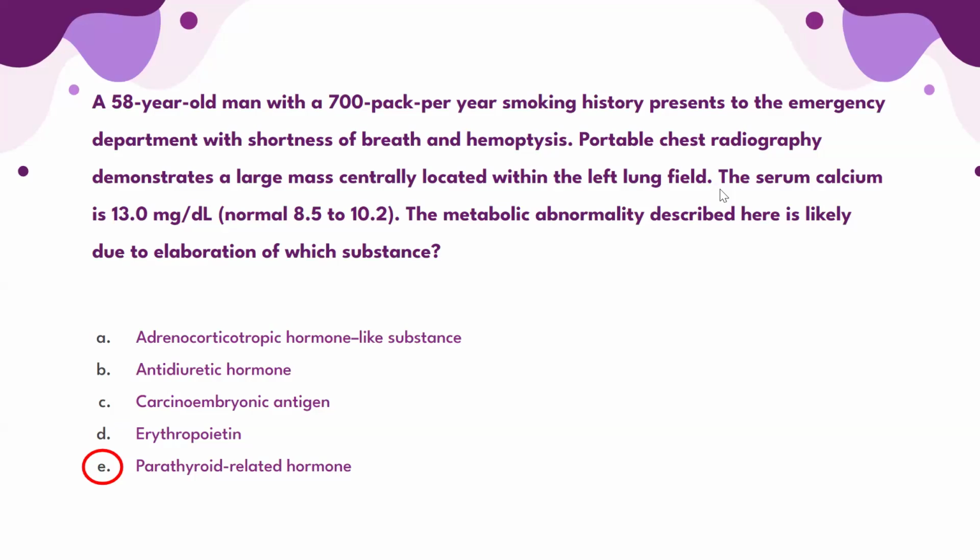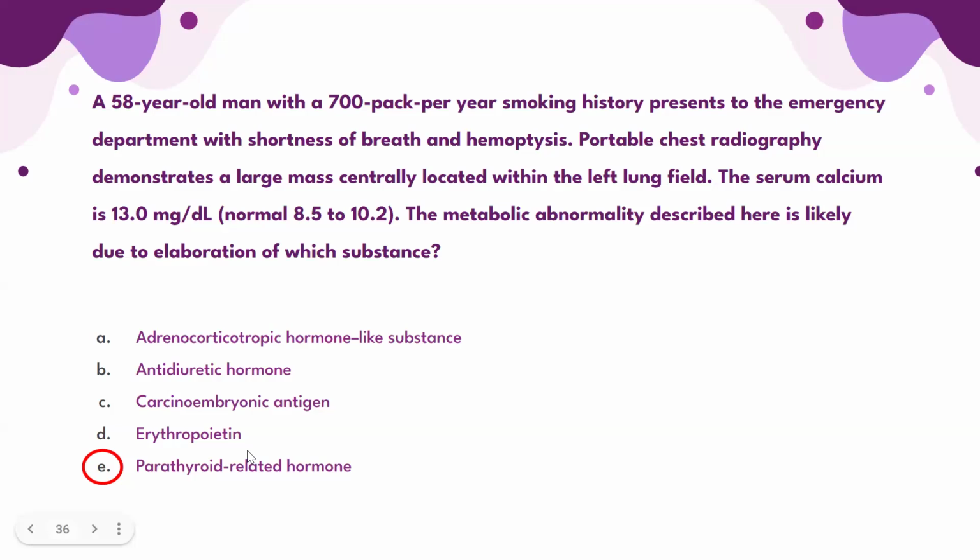We know about the paraneoplastic syndromes, and one of them is hypercalcemia that occurs because of PTHrP, which is caused by squamous cell carcinoma of the lungs. I also went over it briefly in the beginning of the lecture. So basically, the patient has lung cancer, which releases PTHrP, which causes an increase in the serum calcium through lots of different methods. There's more reabsorption from the kidneys, from the GI tract, and also we're resorbing bone. That's how we're secreting calcium into the blood.